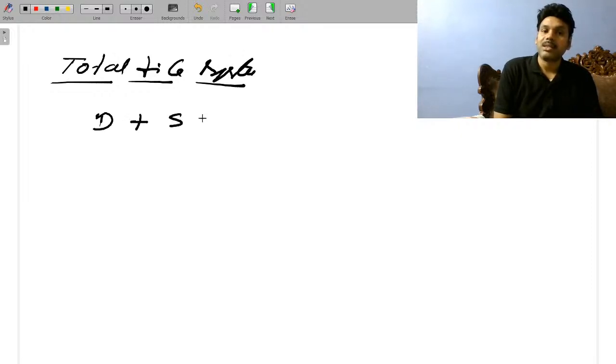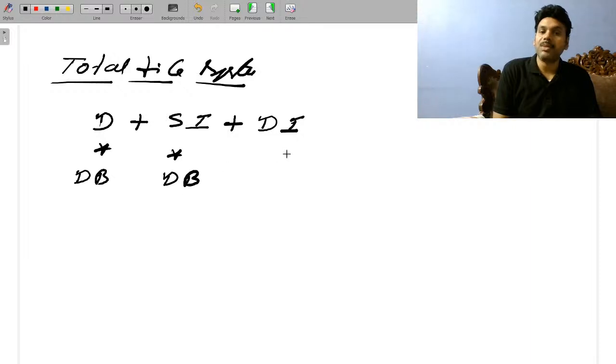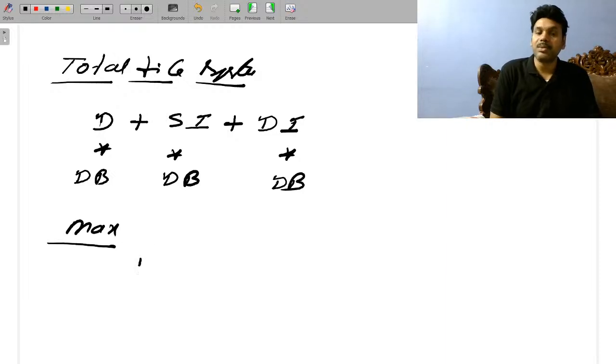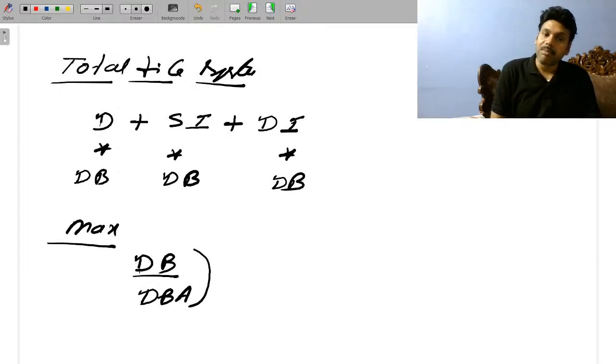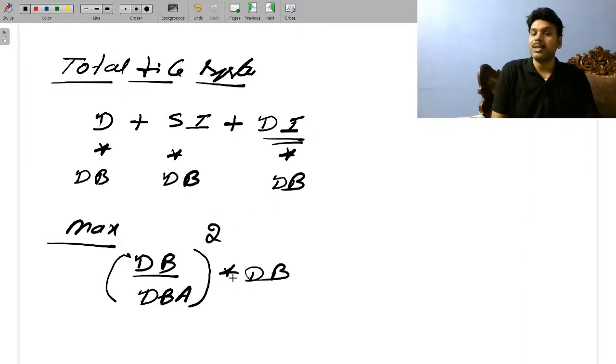Direct plus single indirect plus double indirect, and every time you multiply with your DB size. But if you ask for the maximum, what are you going to do? Your DB by DBA, take the maximum pointer, which is double, and multiply with your DB. This is your maximum answer.